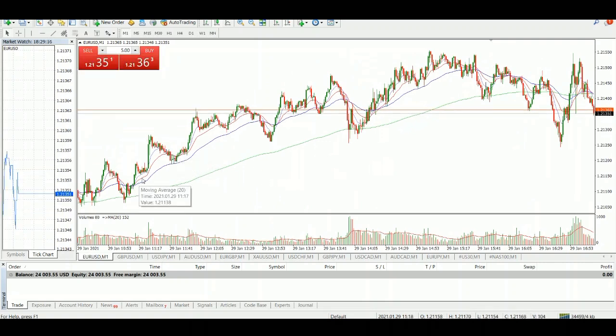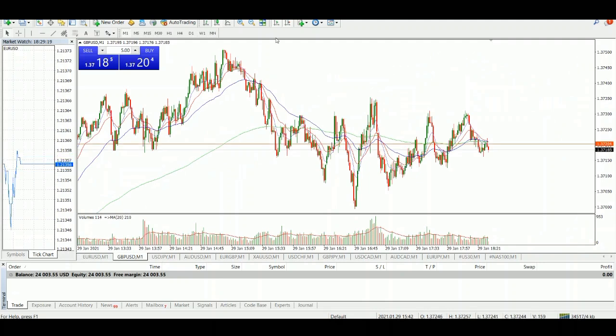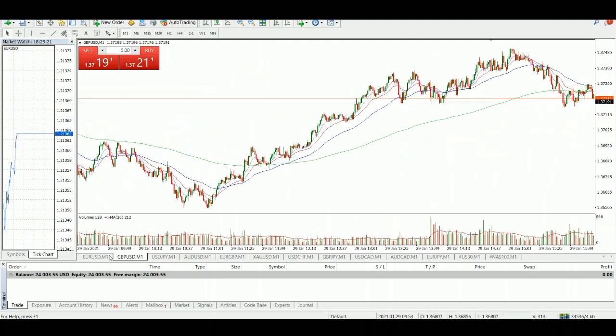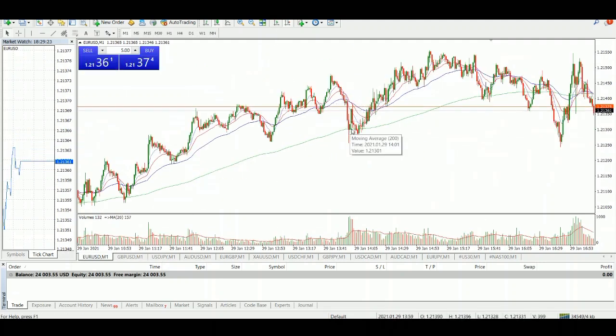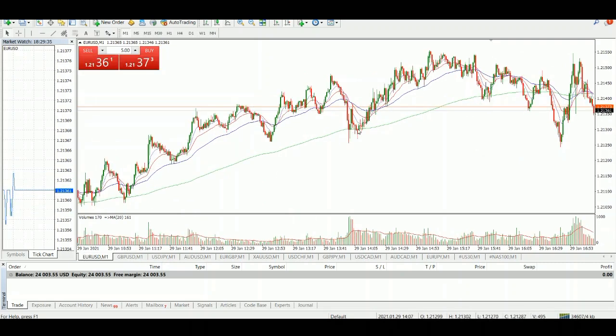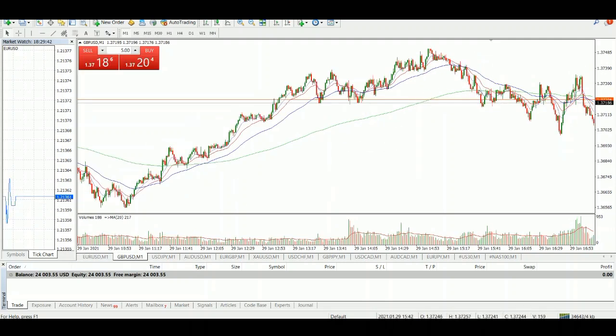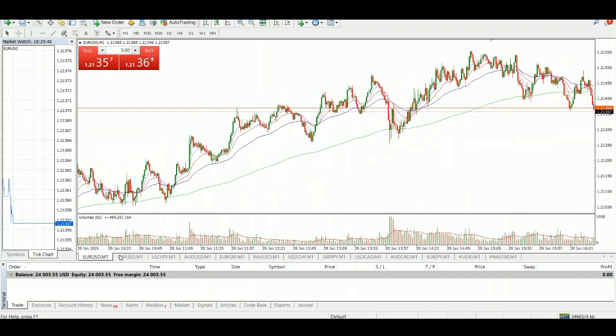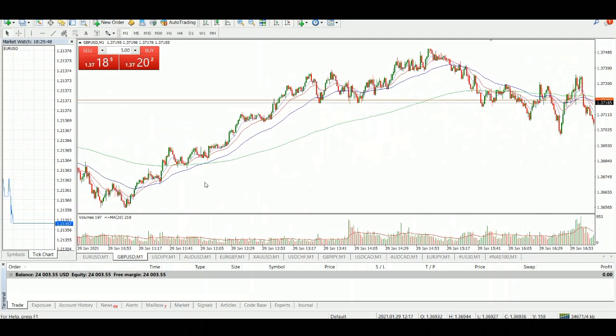Let's say on euro dollar you have seen that it has returned toward EMA 200, so you can expect that the GBP dollar will be returning toward the EMA 200 very soon. As you can see, this one returned toward the EMA 200 almost 1 hour before that one. So you can use this as a monitoring issue.